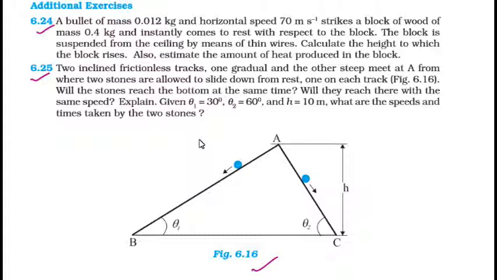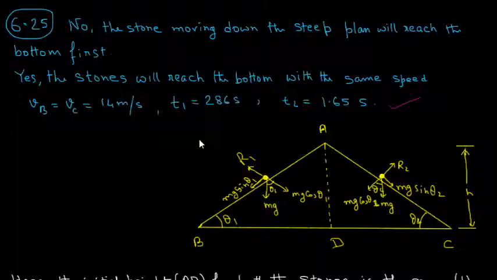What are the speeds and time taken by the two stones? Let us see the solution. Answer is no. They will not reach at the same time. The stone moving down the steep plane will reach the bottom first.